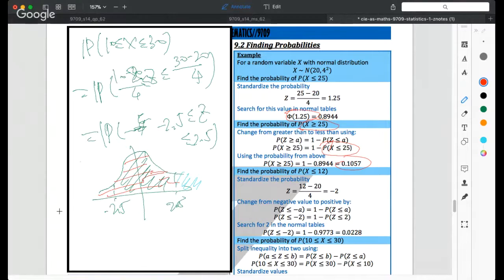The red area is just the corresponding value of 2.5, and the blue area is just 1 minus the corresponding value for 2.5. So we use this value minus this value, then we get the whole result.